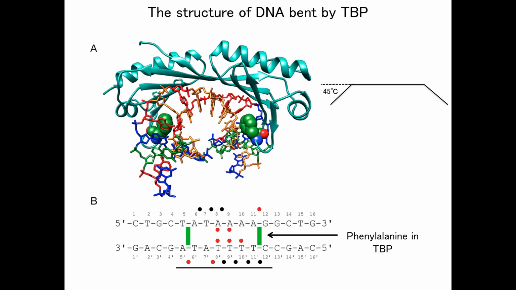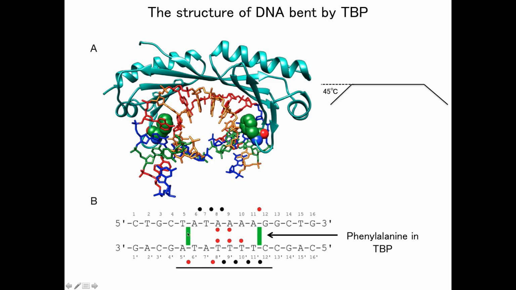This is the X-ray structure of TATA binding protein with promoter DNA. And this green side shows the phenylalanine in TATA binding protein. This phenylalanine inserts into the TA base pairing and AT base pairing.